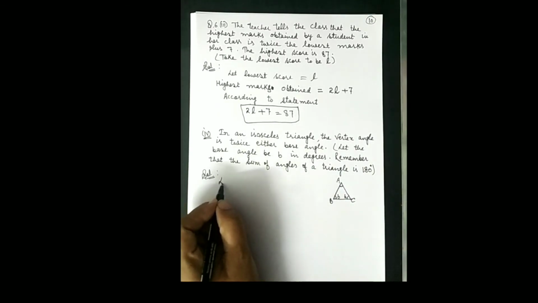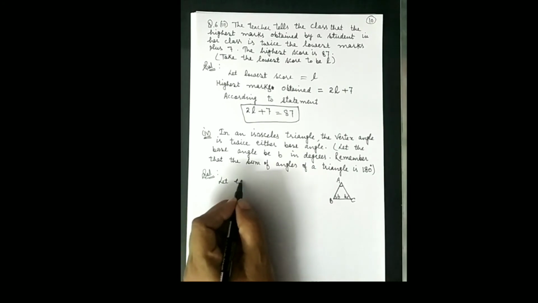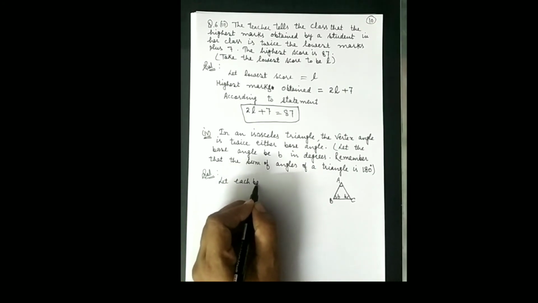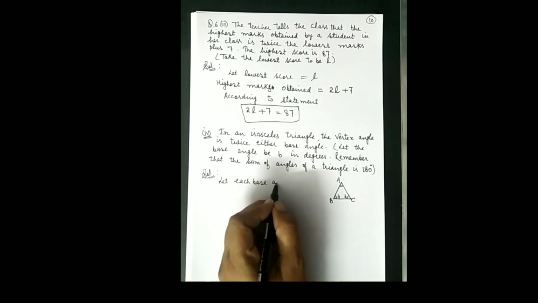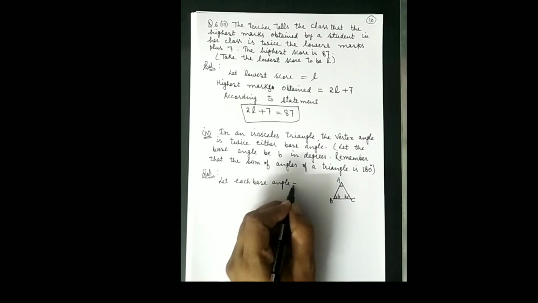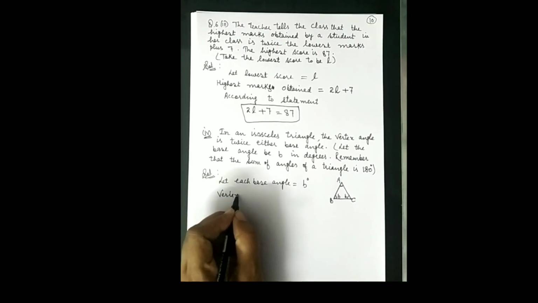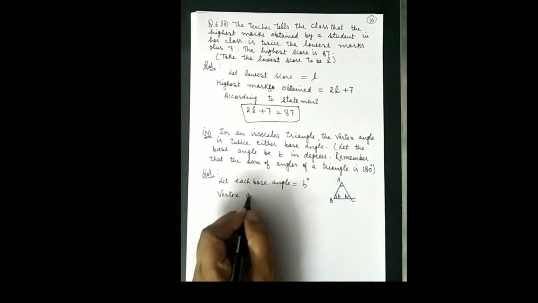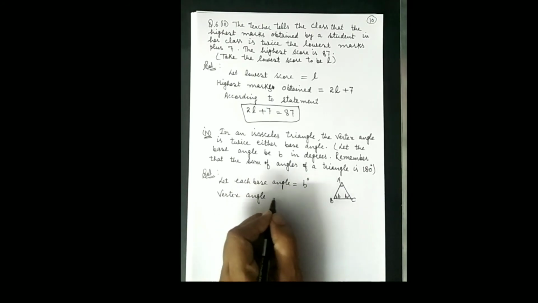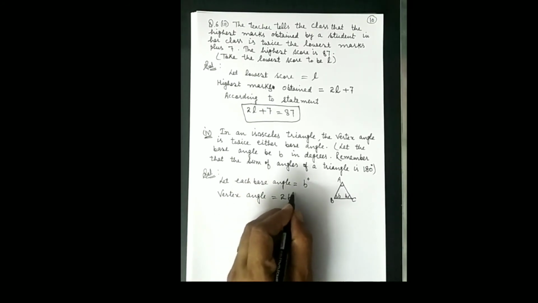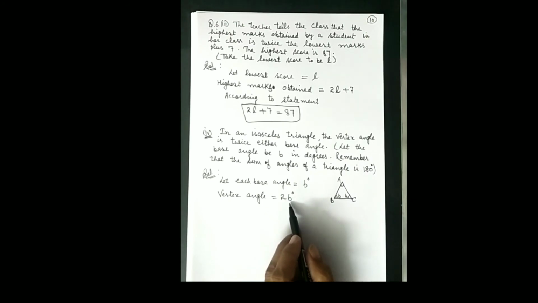Now write, let each base angle is equal to B degree and vertex angle, vertex angle means the top angle, it is twice the base angle. It is 2B degree.